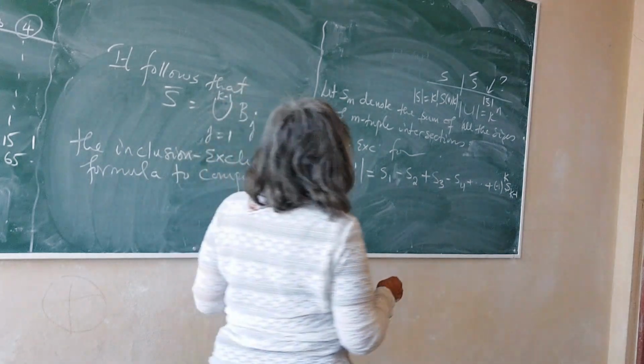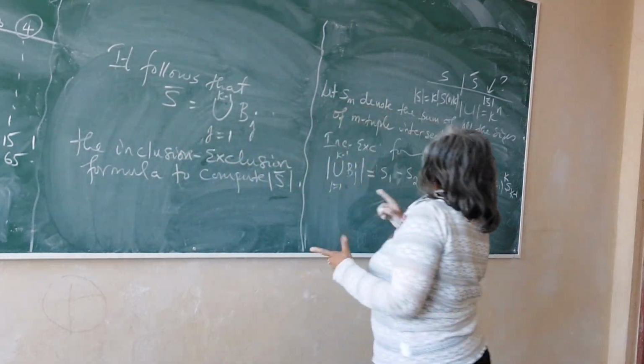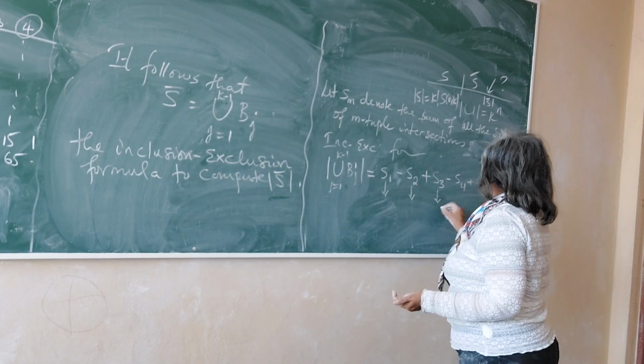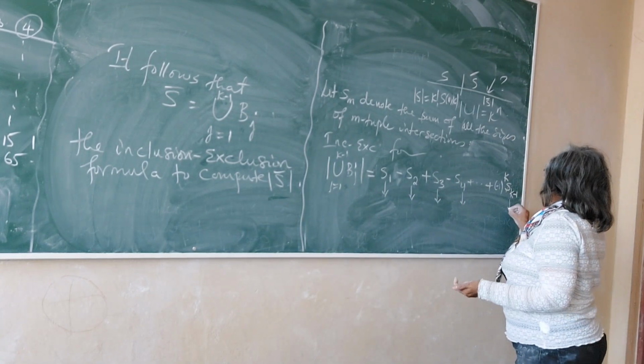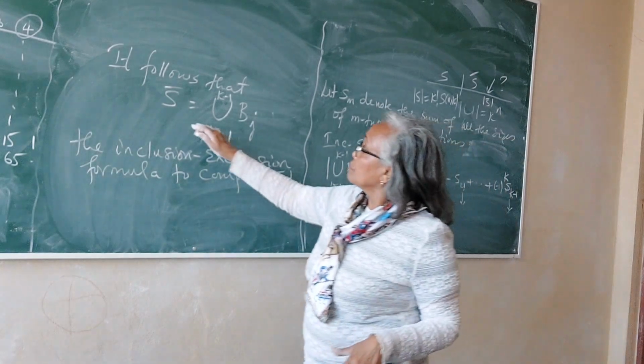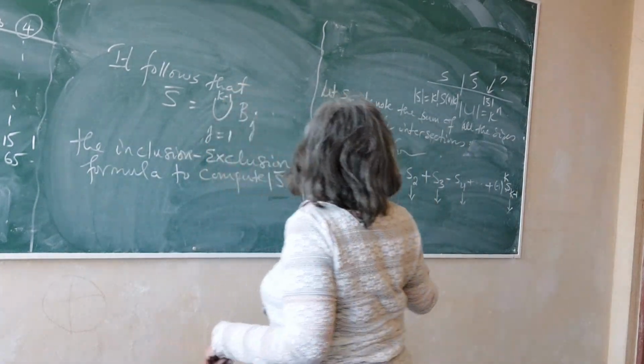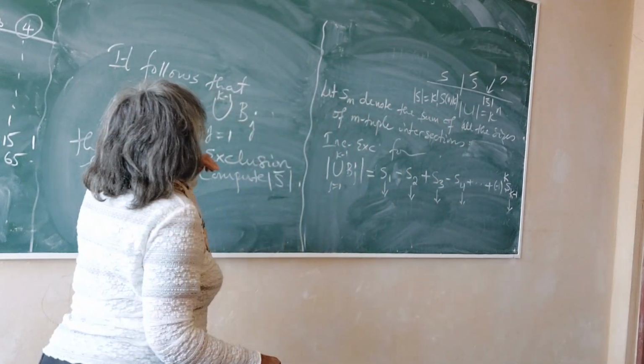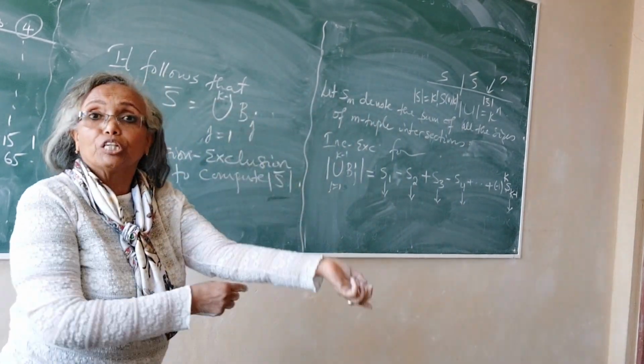So now we'll limit ourselves to computing these numbers. What are these numbers? We can determine them based on the definitions of our Bj's.